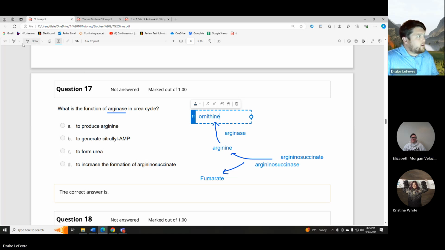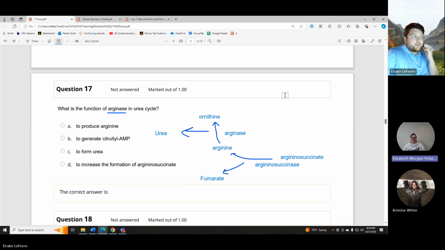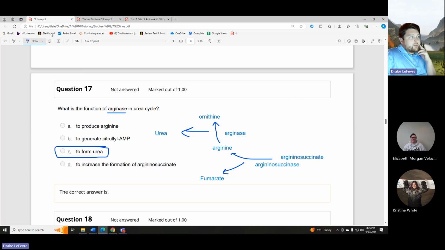Ornithine, that's what it's called. And what comes out right here between arginine and ornithine? Urea. Yeah, our urea. So the whole function of the arginase is to create what? The urea? Yeah, to form the urea. That's its job.